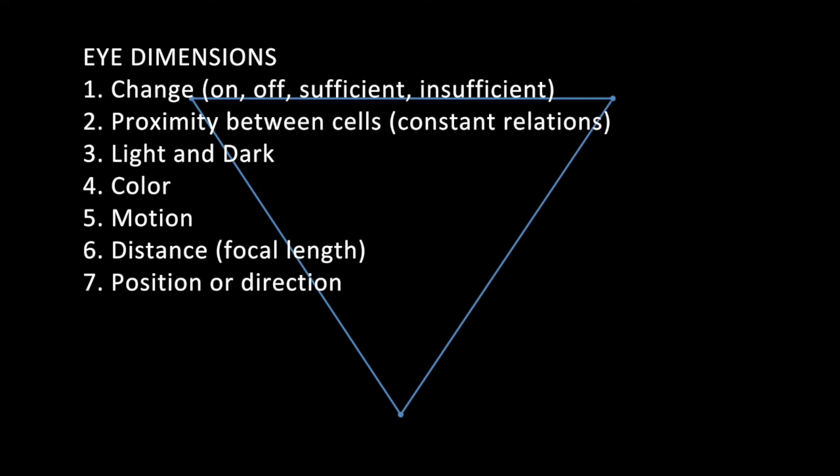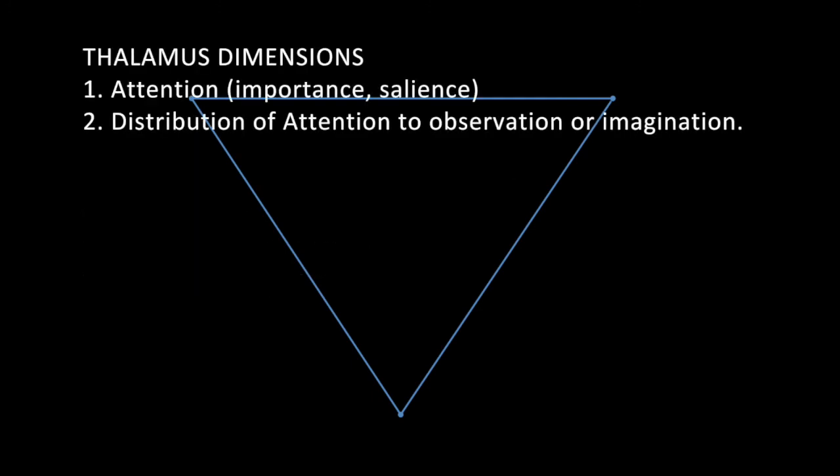In the eye, it's change for on, off, sufficient or insufficient, or polarity, as they use in the industry. Proximity between cells, constant relations. The light and the dark, the color, the motion, the distance, the focal length, the position and direction. The thalamus, which contains attention or importance or salience, distribution of attention to observation or imagination.